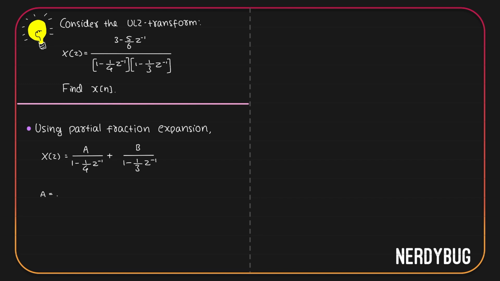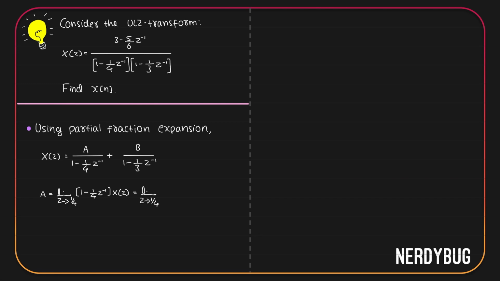A will be equal to the limit z tends to the pole corresponding to A, which is 1 by 4 here. So z tends to 1 by 4, (1 minus 1 by 4 z inverse), which is the denominator, multiplied by x of z. We have x of z over here.